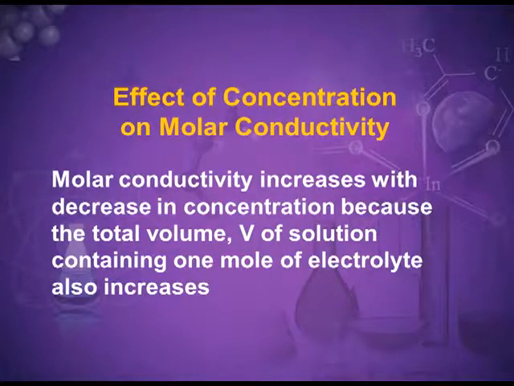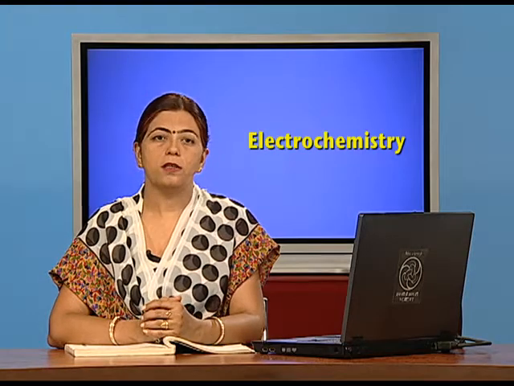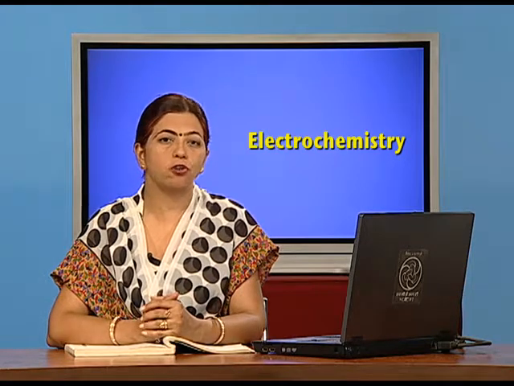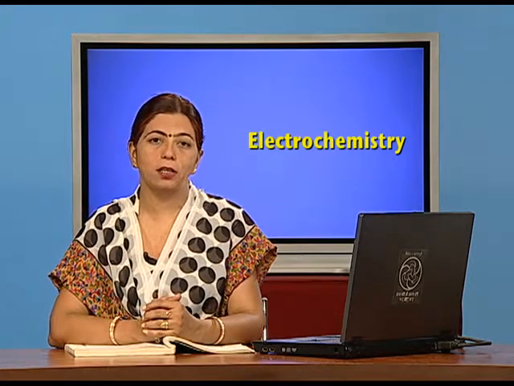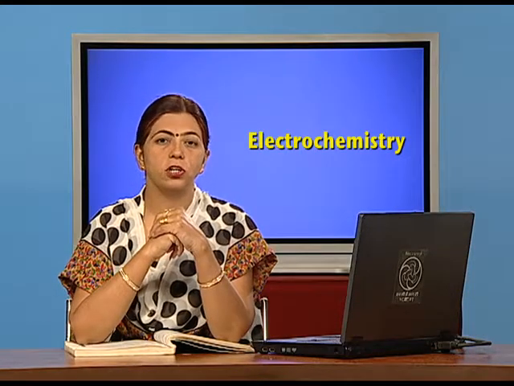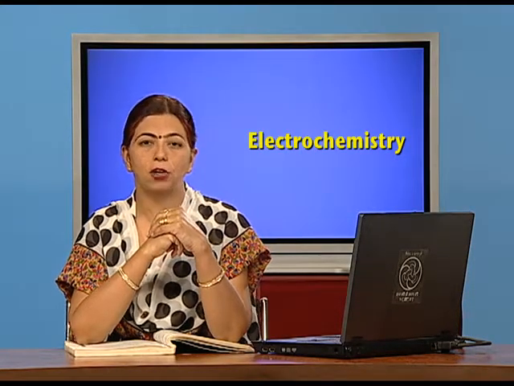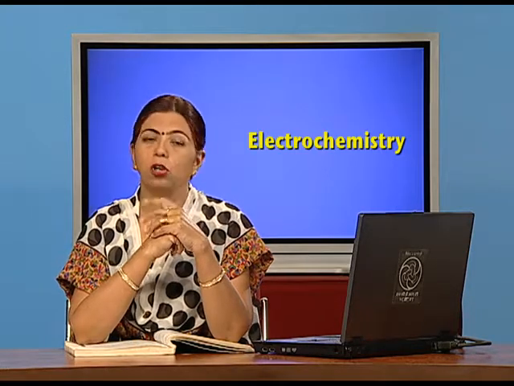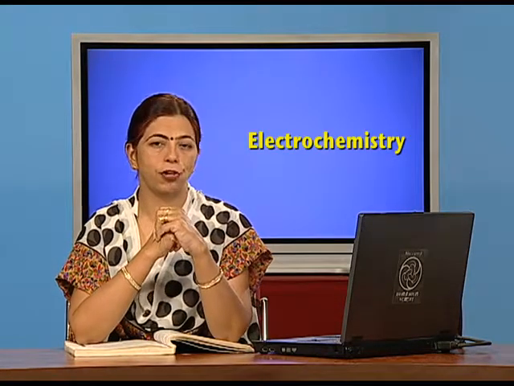Effect of concentration on molar conductivity. In this case, the behavior will be different for the strong and the weak electrolyte. I have explained that a strong electrolyte is the electrolyte which dissociates almost completely, and the weak electrolytes never dissociate completely. So, the behavior is different for strong and weak electrolyte with dilution, or you can say concentration.